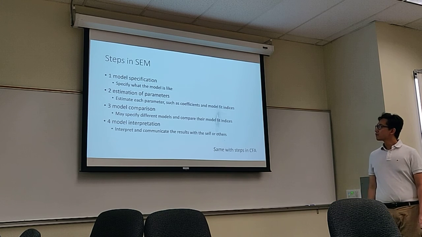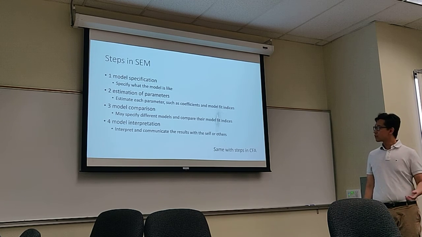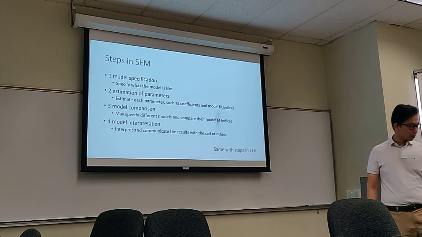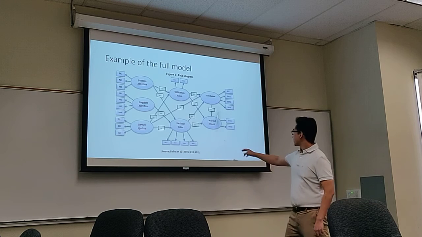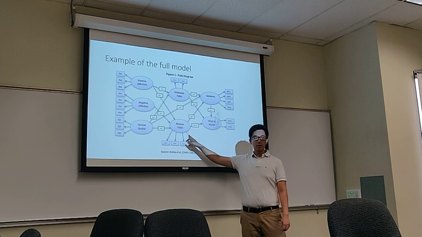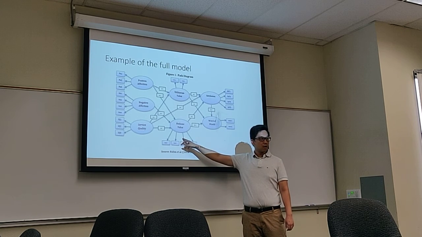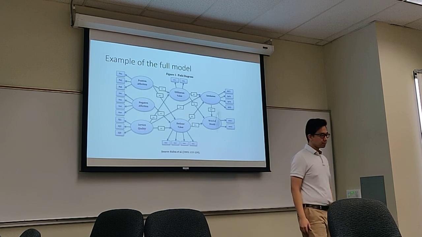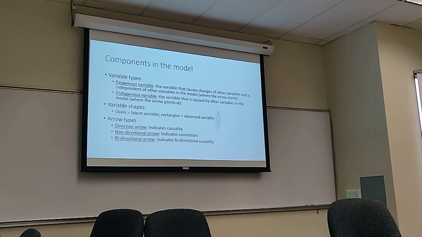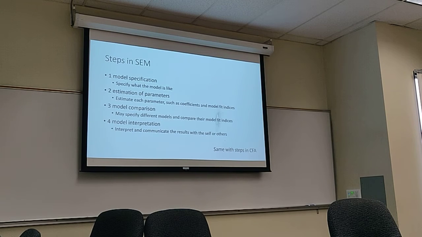And estimate parameters like coefficients. On each arrow there should be a coefficient, and in the model they are estimated. So the next step is just to run the analysis, estimate the parameters, and let the software do the job.